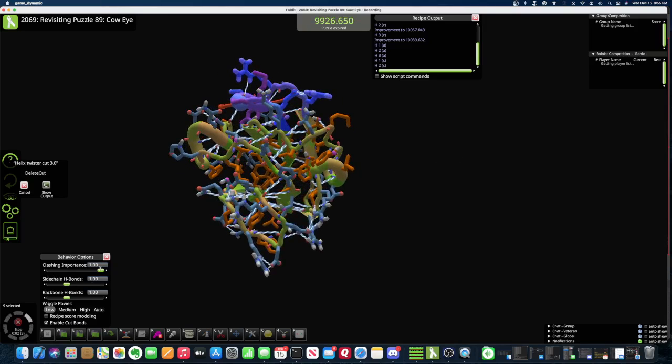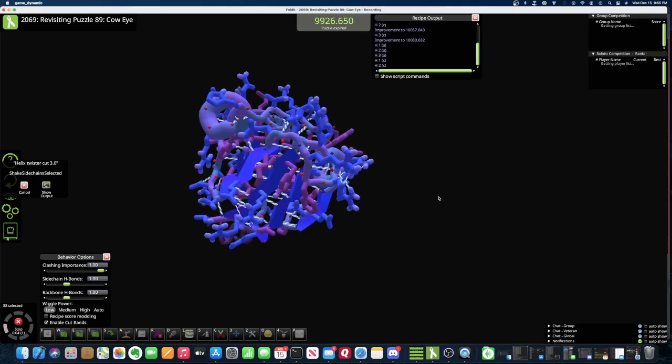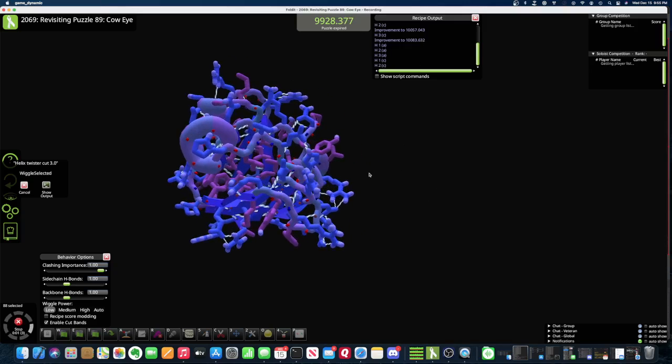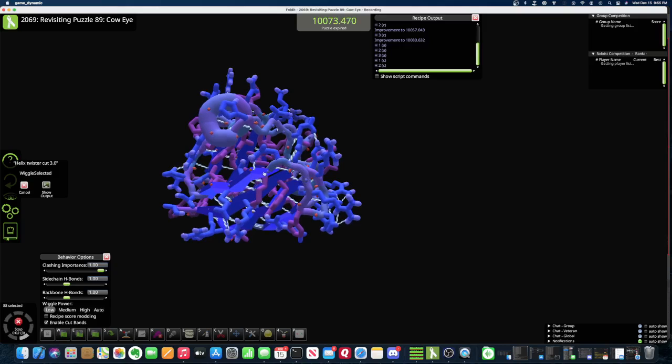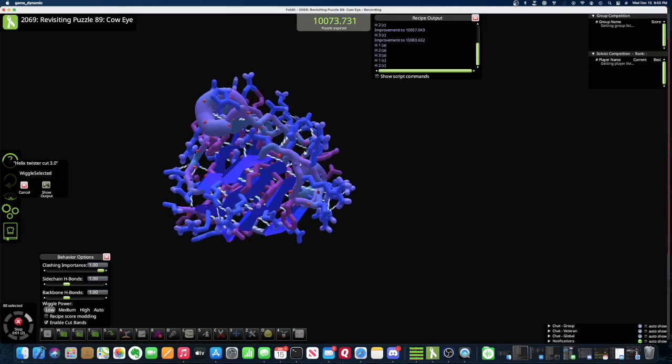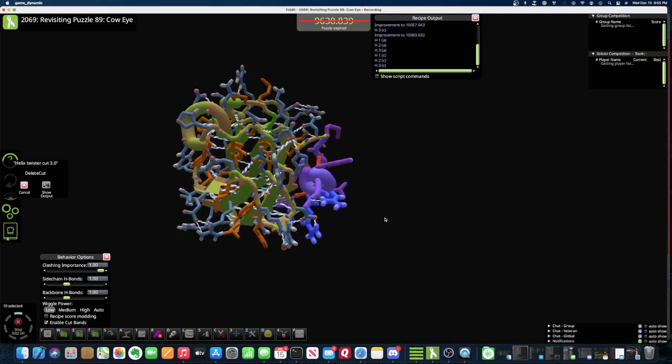So notice that we're still on low wiggle power. So we got up to over 10,000 points on low wiggle power. Low wiggle power is less strict about making sure that everything is ideal in the backbone and in the side chain and the connections.